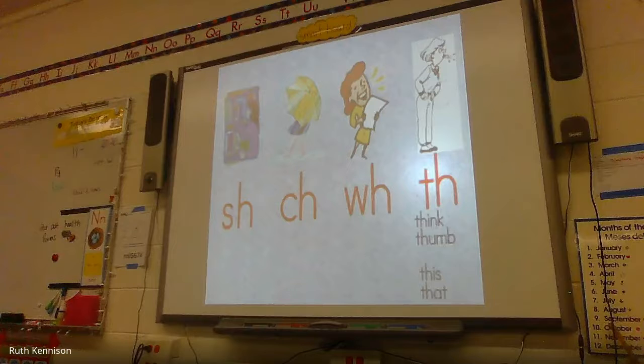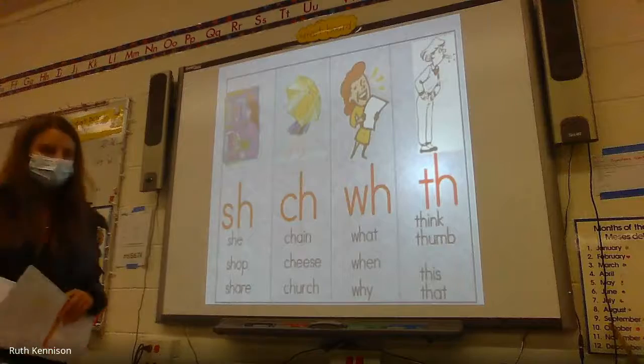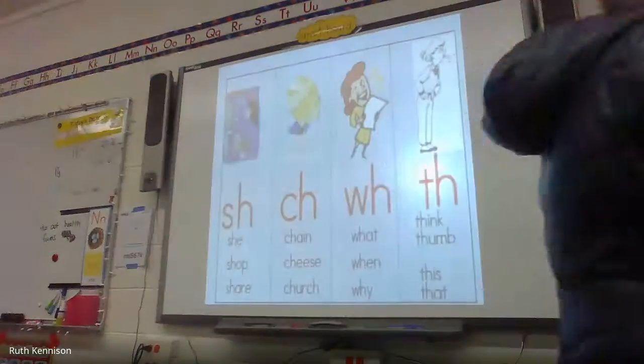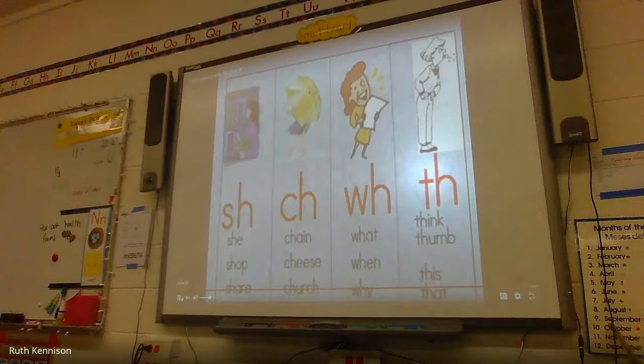The sound is called a voiced TH sound. Both the unvoiced and voiced TH sounds are made by sticking out your tongue and blowing out air. The only difference is whether or not you use your voice while you blow. This chart may help you to remember each sound these diagrams represent. I hope you found this helpful.